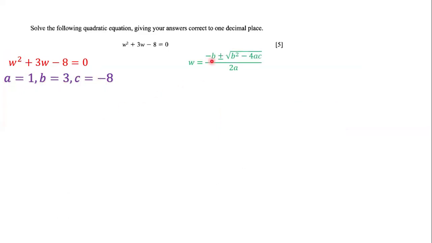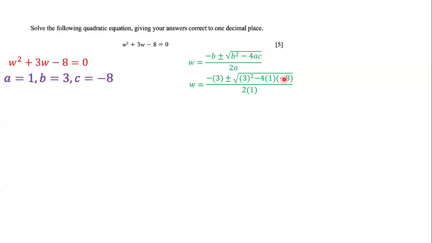We have this quadratic formula, which helps us figure out what w is equal to. w is equal to -b plus or minus the square root of b squared minus 4ac, all over 2a. We substitute: b is equal to 3, a is equal to 1, and c is equal to -8.